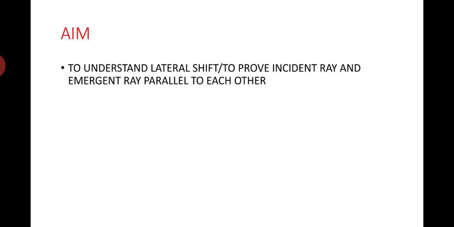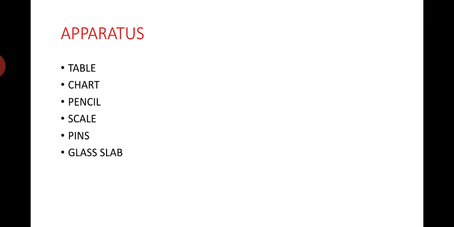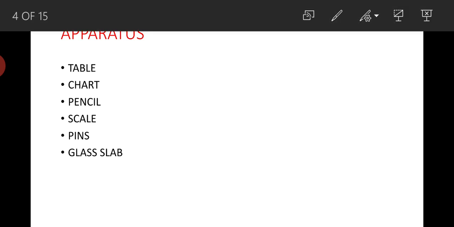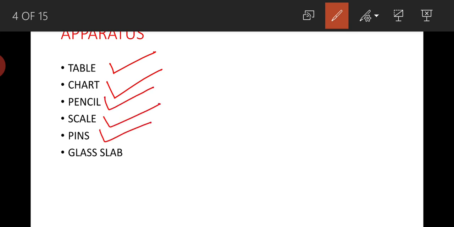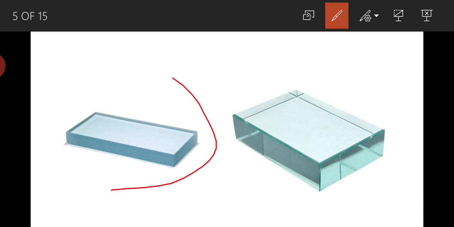First, the aim is to understand lateral shift or to prove the incident ray and emergent ray are parallel to each other. The apparatus which we require is one table and chart, pencil, scale, some pins, and finally a glass slab. In this image you can see a glass slab.